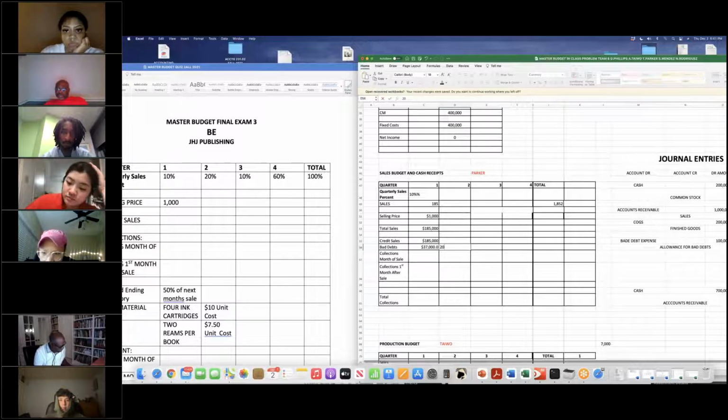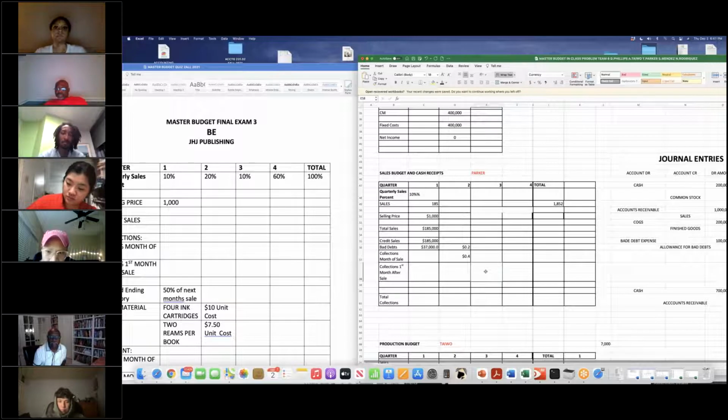Then you're collecting 40% in the quarter of sale, and another 40% the next one. But what I didn't know was if I should take the 40% of the 148, which is left after you subtract the 37 from the 185.